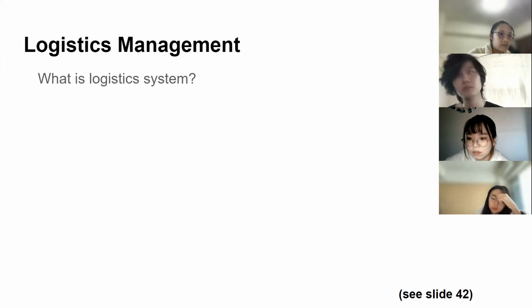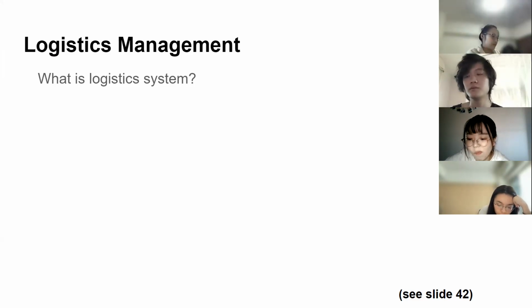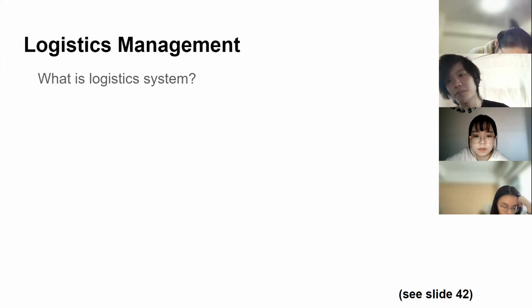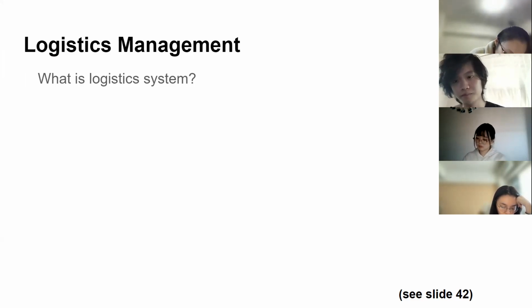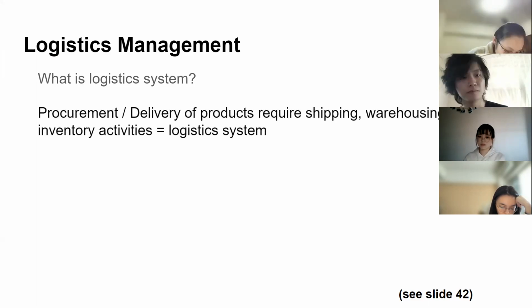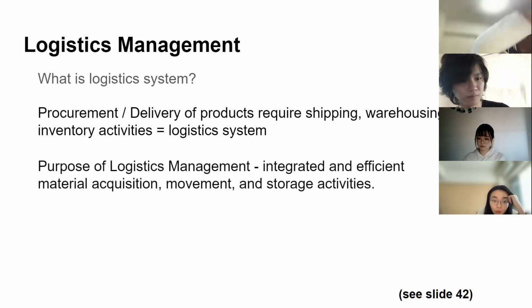That's why in COVID, the logistics system was disrupted because there's no air freight and very little shipping. So procurement and delivery of products require shipping, warehousing, inventory activities. So this is a logistics system.